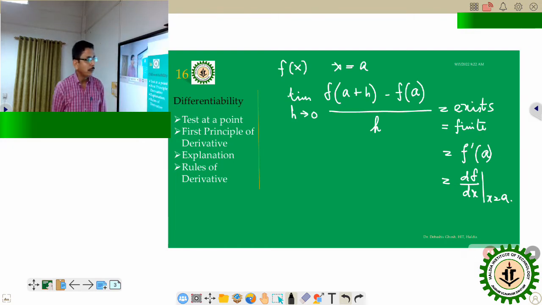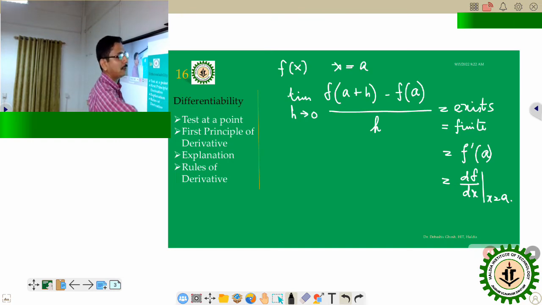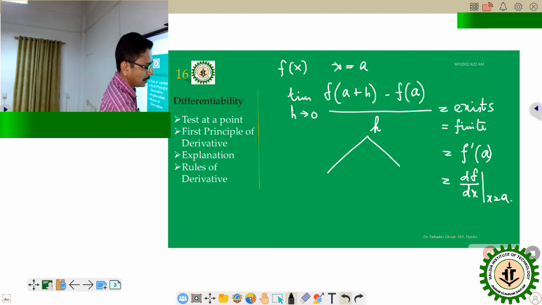We have already seen that limit is our fundamental operation, and from there we have seen how to test whether a limit exists or not. So by that criteria, to verify the function has its derivative, we have to test whether this limit exists or not, and for that existence we have to consider two cases. One is called the left hand derivative, another is the right hand derivative.